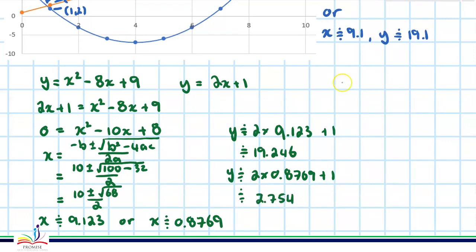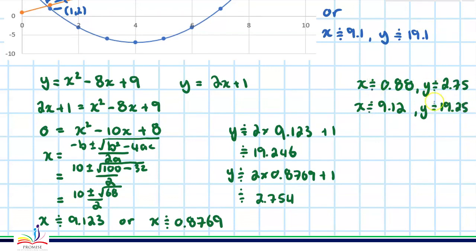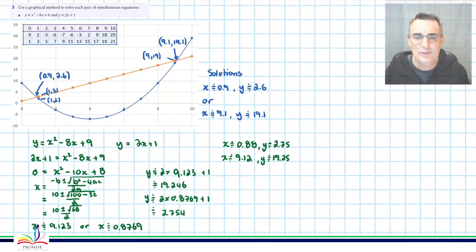Okay, so here we have the solutions that were done algebraically, and we can see that we're kind of close on the x values. 0.9 is, if you round 0.88, you get 0.9, so that's nice. Our y was a bit off, our reading of it. A guess of 2.6 is a little below 2.75, and if you rounded 2.75 it would go up to 2.8, so we're off by 0.2.